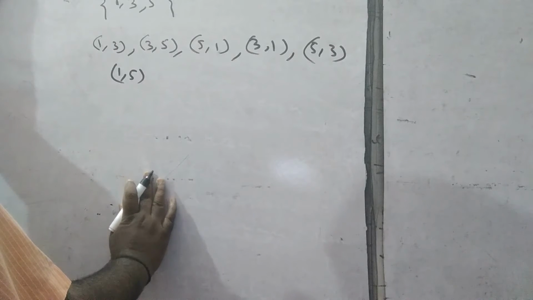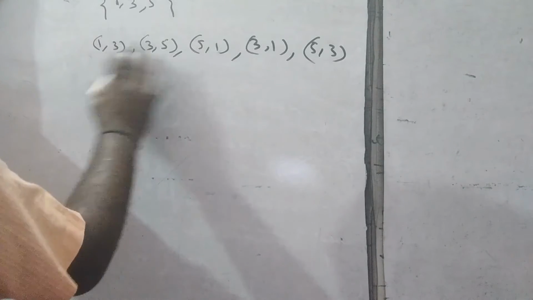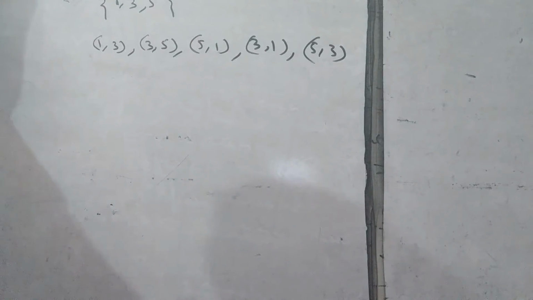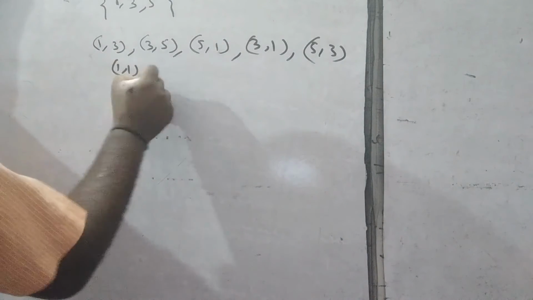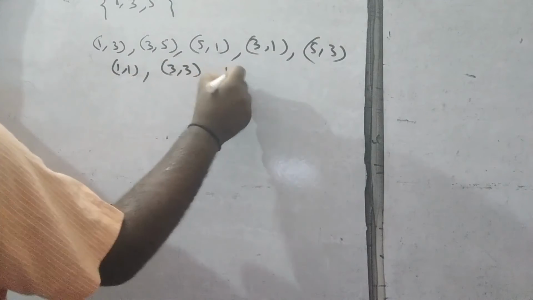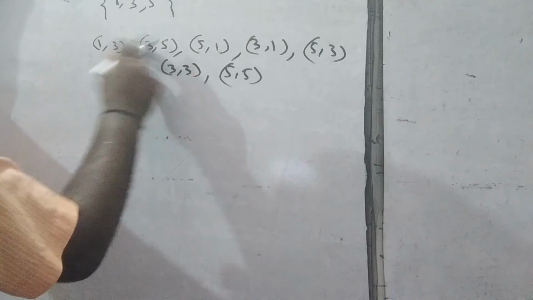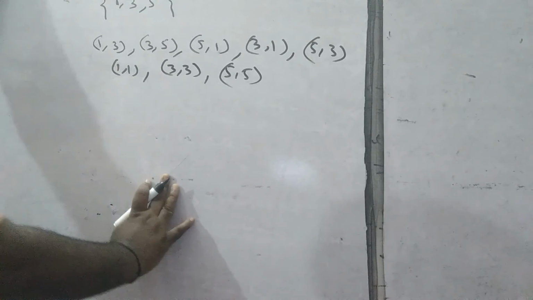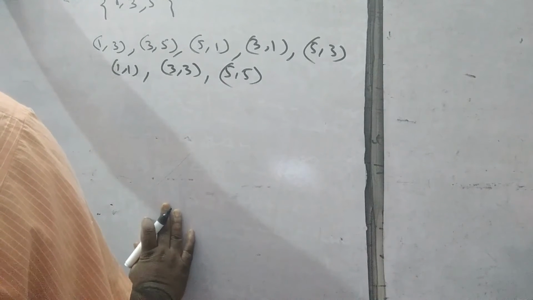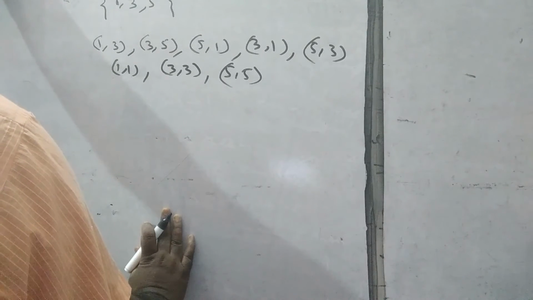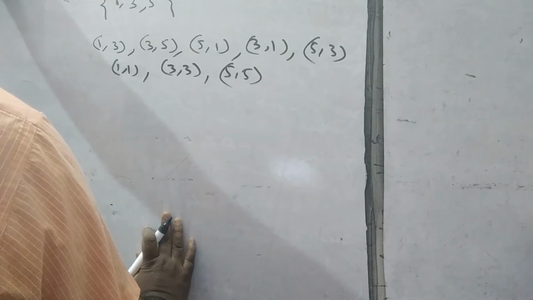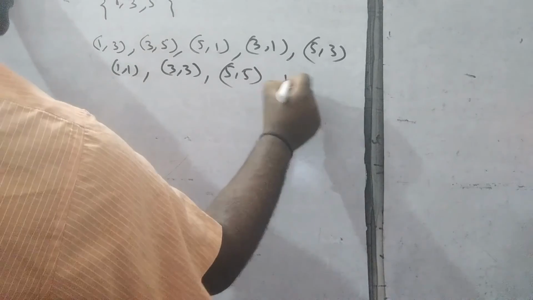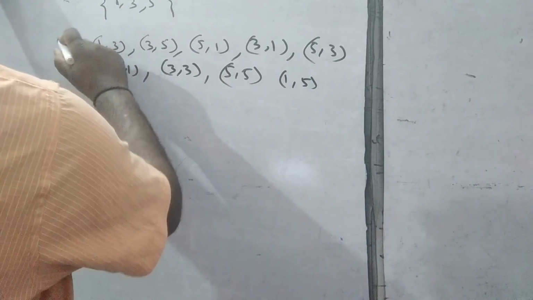What about 5 3? Okay, so 1 1 also, 3 3 also, 5 5 also. One pair is left. So 1 3, 3 1, 1 5. So these are the pairs.